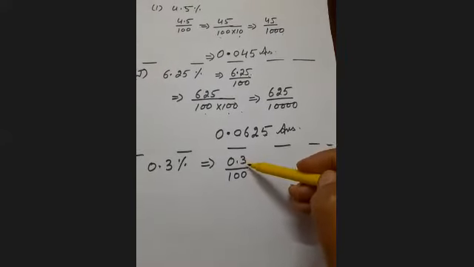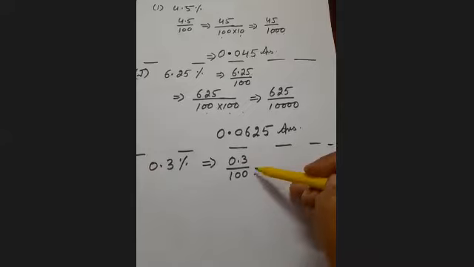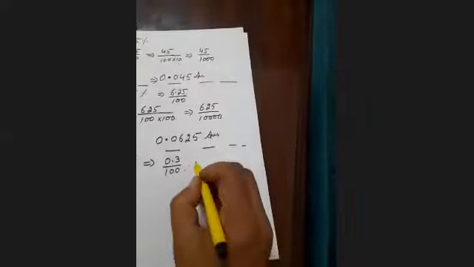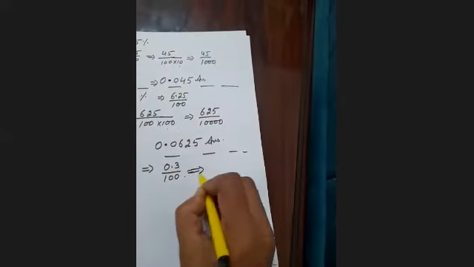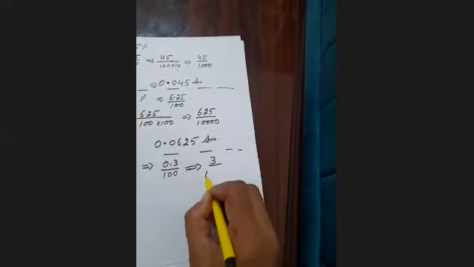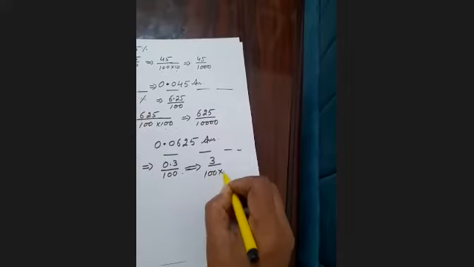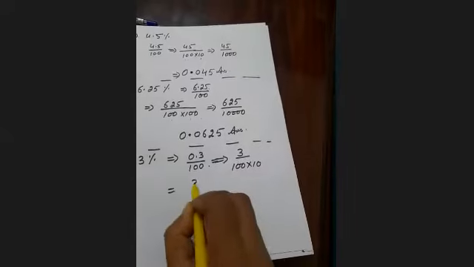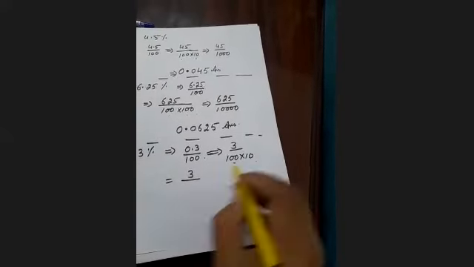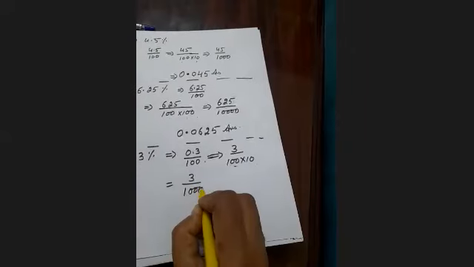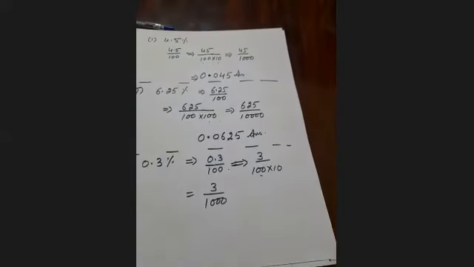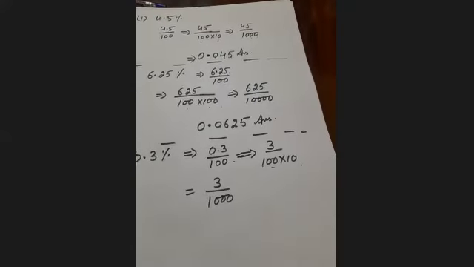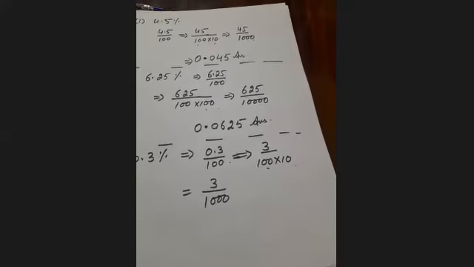For this, students, we will divide by 10, because after the decimal we have only one digit. So write as 3 upon 100 multiplied by 10, which is 1000. Now our fraction is 3 upon 1000.